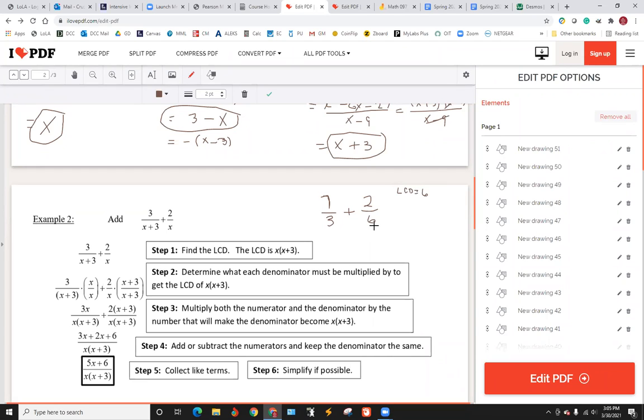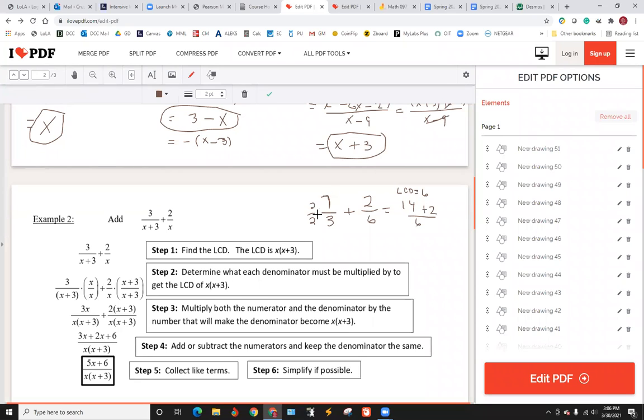So in this case, the second term's already got it, but we have to find the factor that turns that 3 into a 6, which is 2. And when we multiply the numerator by 2, we have to multiply the denominator by 2. So when we put these together, we get 14 plus 2 over 6.